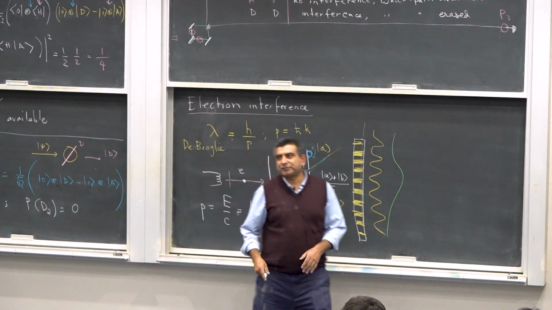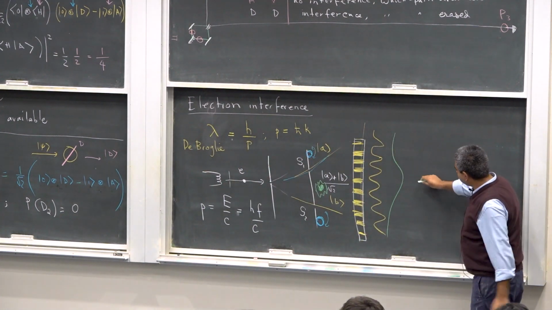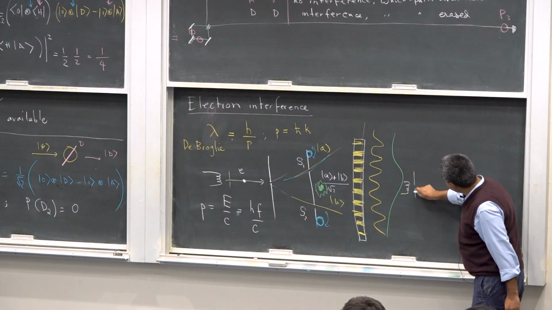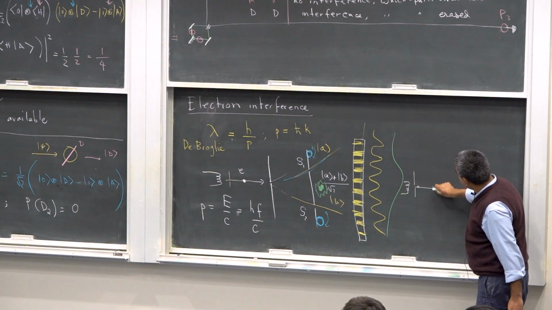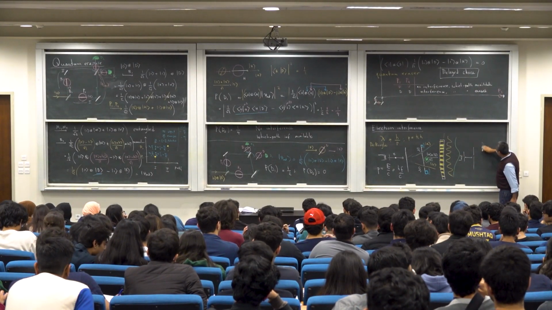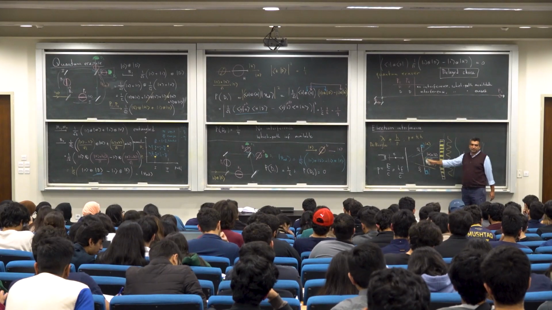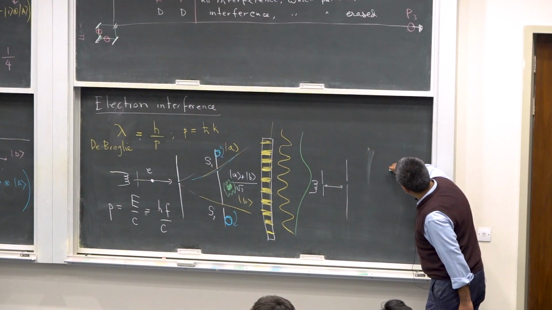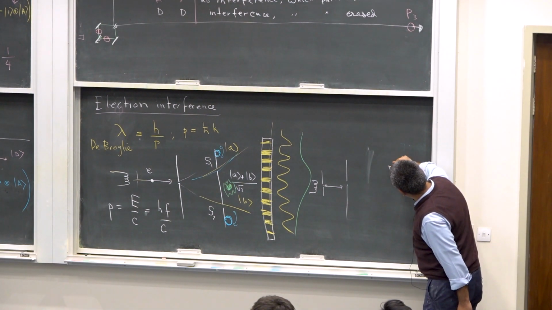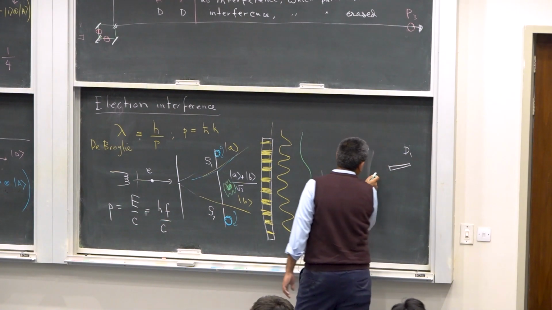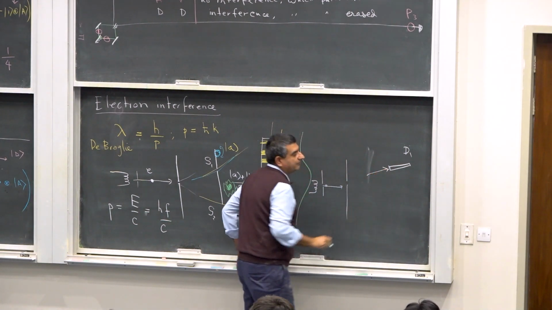Now, suppose I were to do this experiment in this fashion. So I have my electron source, electrons coming in, one screen just to kind of produce a collimated beam of electrons, and instead of this screen with two slits that are causing the interference, I have one detector here, D1, and this is an electron detector.